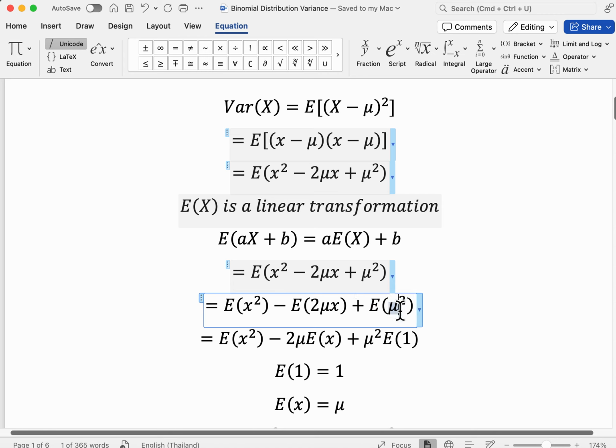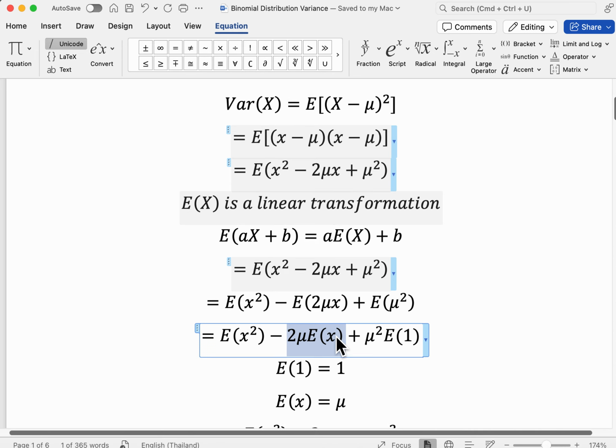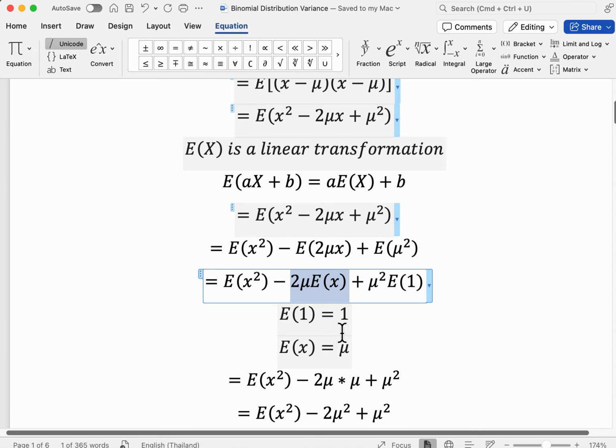Now, do note that mu squared is a constant, so we can basically factor this outside, and this is the same as taking E of 1, which is just 1 by default virtue. We can also factor out the scalar 2 mu here to get minus 2 mu of E of x. But note that E of 1 is 1, and E of x by definition is just mu. So this E of x becomes mu, to be minus 2 mu squared.